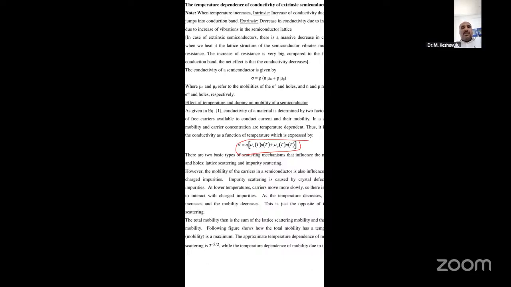That is, sigma is equal to q into mu n into n of T plus mu p into p of T. This equation indicates how the temperature affects the doping of semiconductors, which leads to a change in their conductivity values. Right? So we have to understand these things with the help of a diagram.